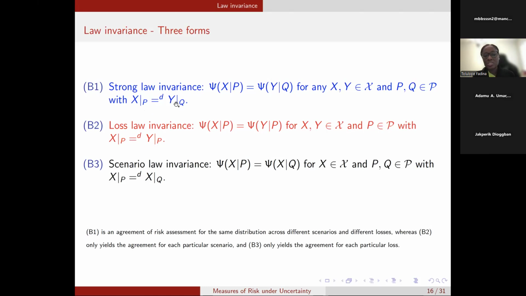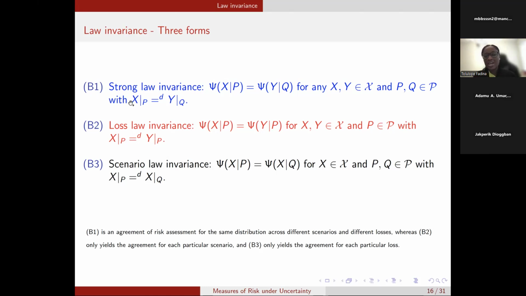The first one is strong law invariance. What strong law invariance tells us is that if the distribution of X is P, and the distribution of Y is Q, and X given P has the same distribution as Y given Q, then the risk assessment of X given P should be the same as the risk assessment of Y given Q. So this can be reduced to the classical one, right?